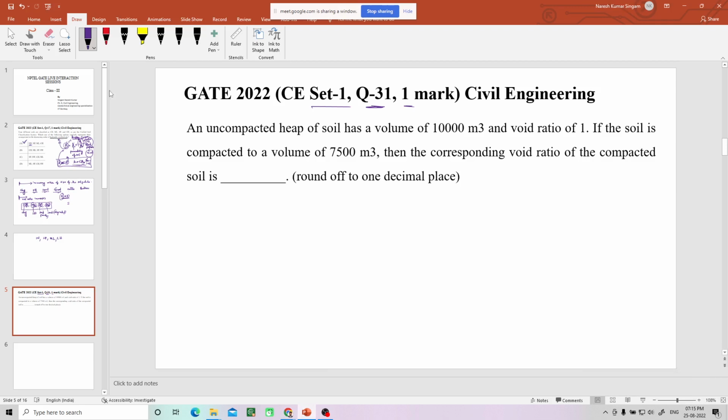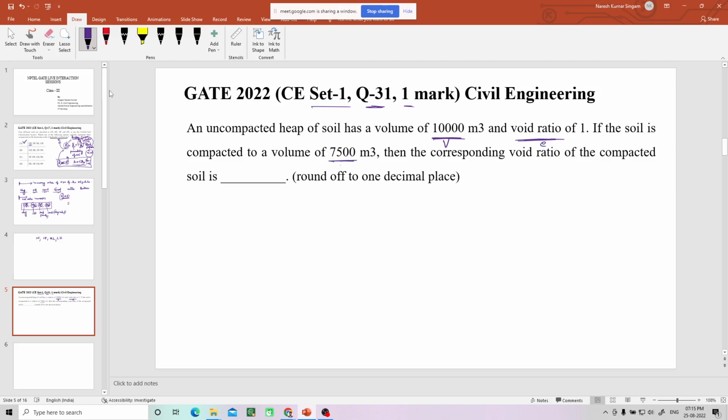I am reading that an uncompacted heap of the soil has a volume of 10,000 meter cube. So its total soil volume is 10,000 meter cube and void ratio e equal to 1. And if the soil is compacted now, then after the compaction the volume of the soil will be reduced.